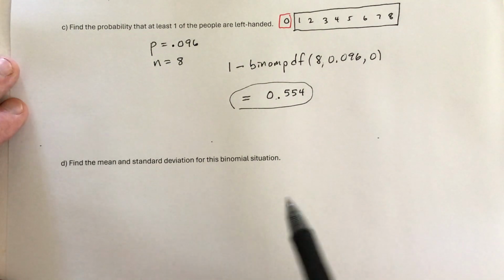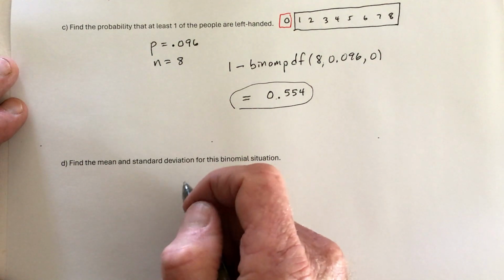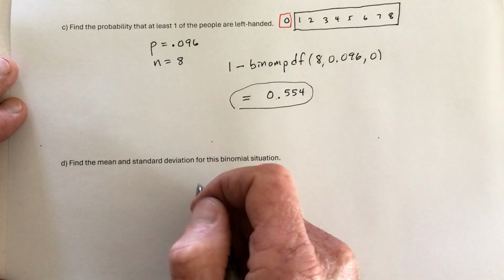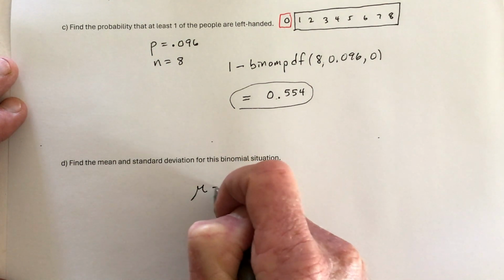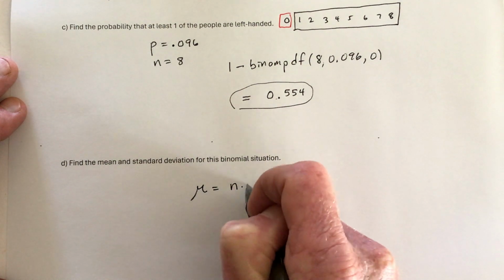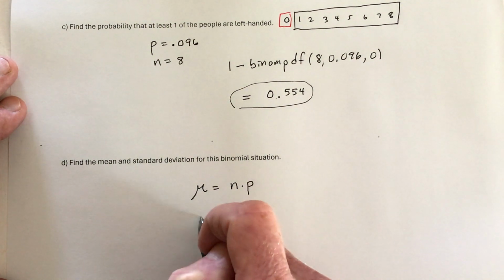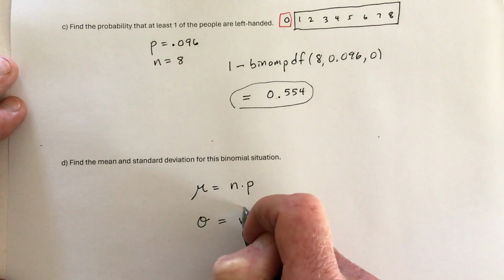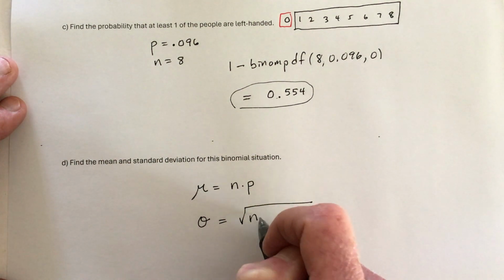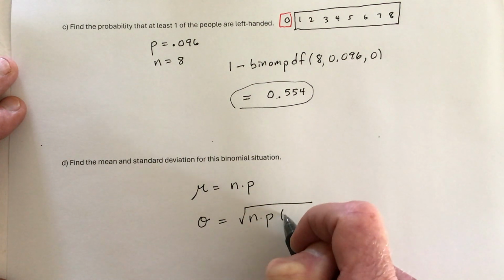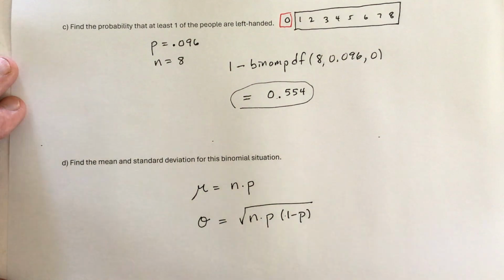Okay, then for the last part. So this part goes pretty fast. So with a binomial situation, the mean is just n times p. And the standard deviation is the square root of n times p, and then 1 minus p.